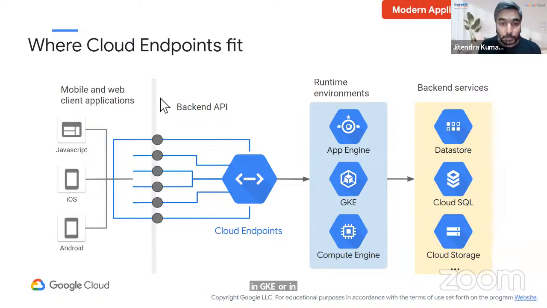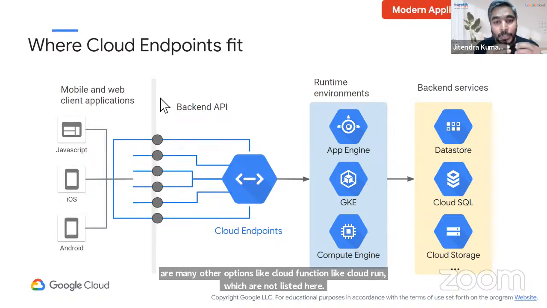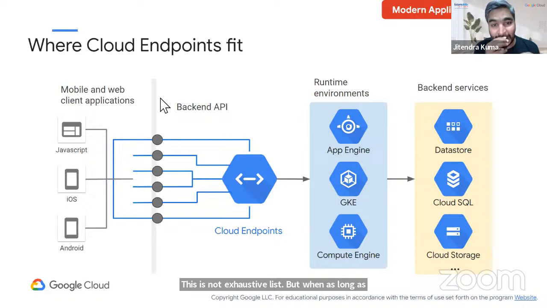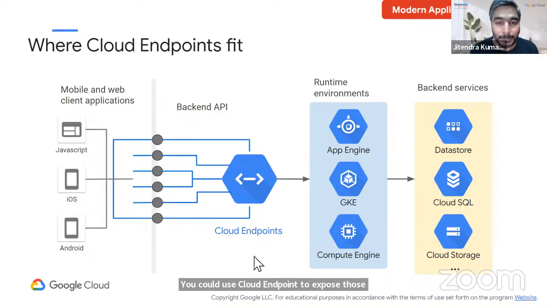There are many other options like Cloud Functions, like Cloud Run, which are not listed here. This is not an exhaustive list. But as long as your backend service is running inside Google Cloud Platform, you could use Cloud Endpoints to expose those capabilities as an API via the API gateway, which is your Cloud Endpoints here.